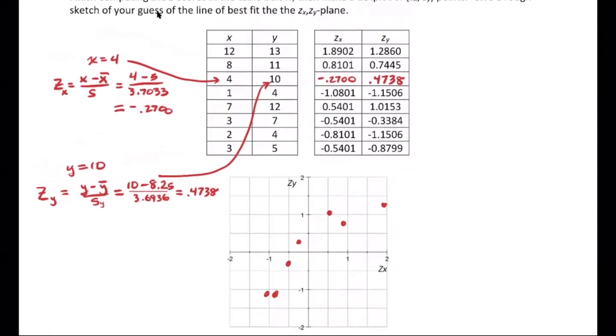And then I think last one is negative 0.54 and negative 0.87. So I'll put that here. Okay. So there's my scatter plot.